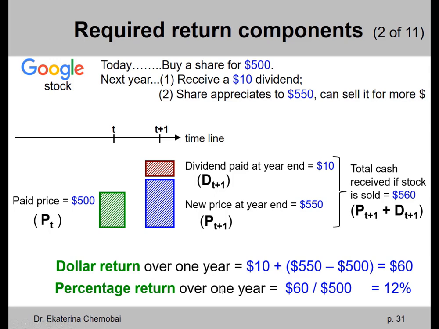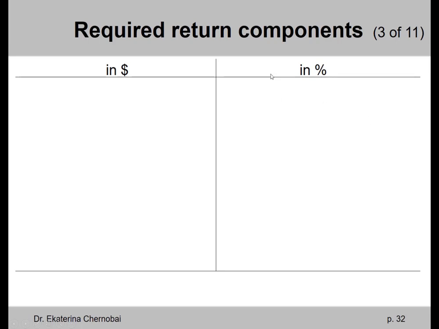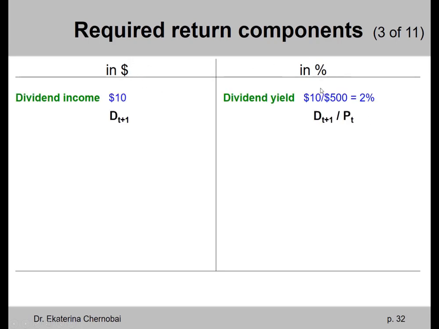The percentage return over 1 year is then taking the dollar return, $60, and dividing by how much you invested, $500. And that gives 12%. So we can talk about returns either in dollars or in percent. But we can also split our return into what the source of it is.